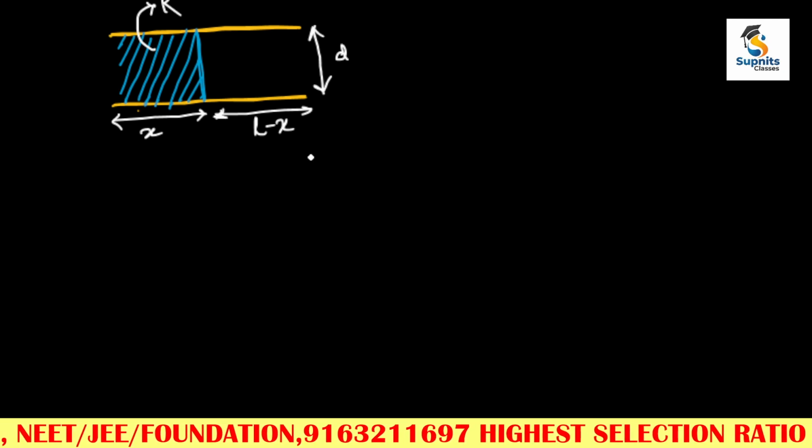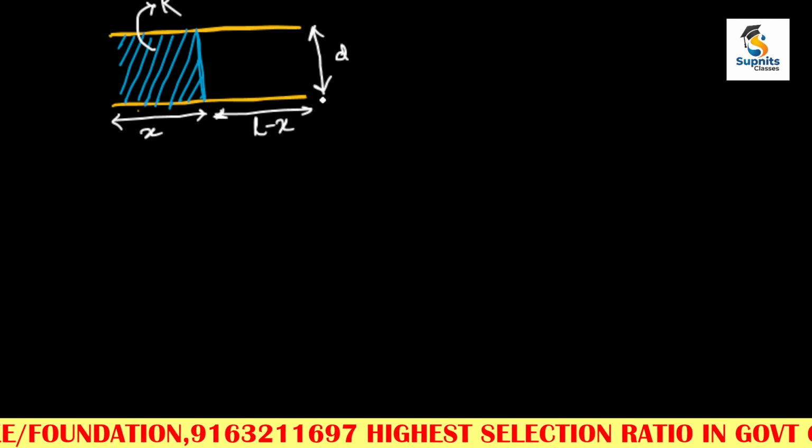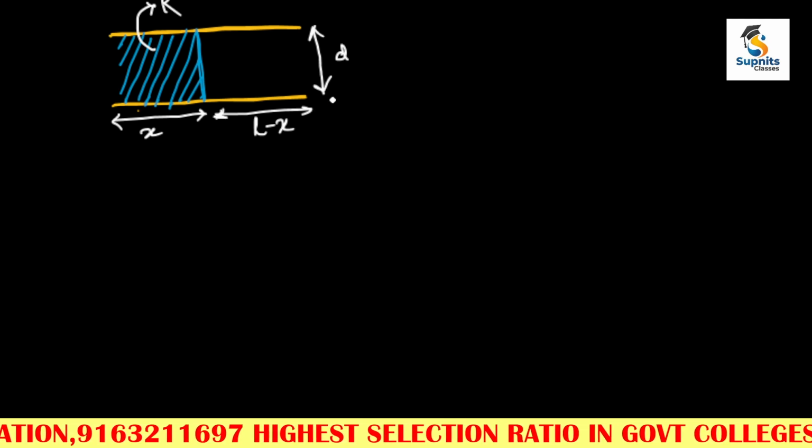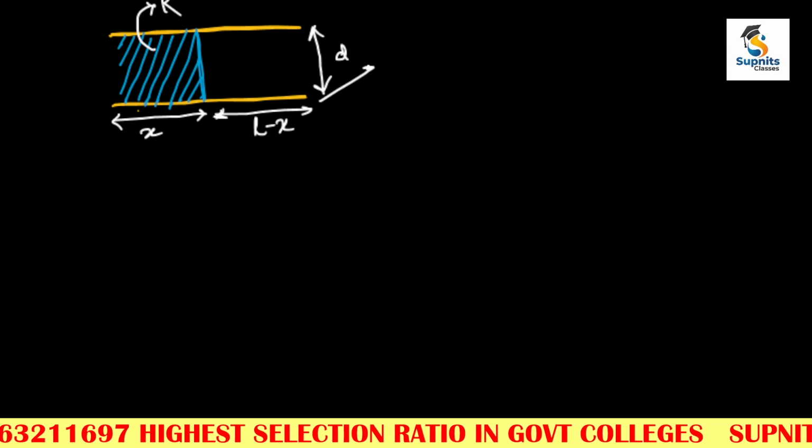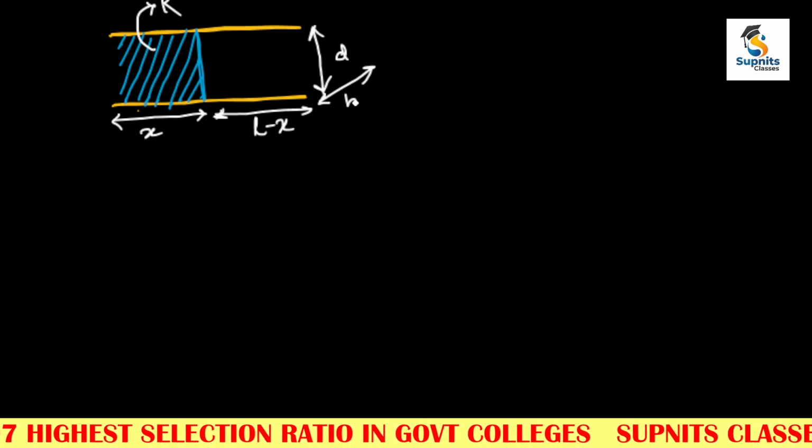Okay, and the width of this parallel plate capacitor is d. Okay, and there will be another dimension. Definitely you can understand the dimension on the, say, Z axis is b.